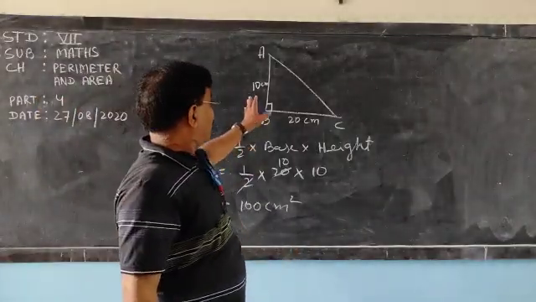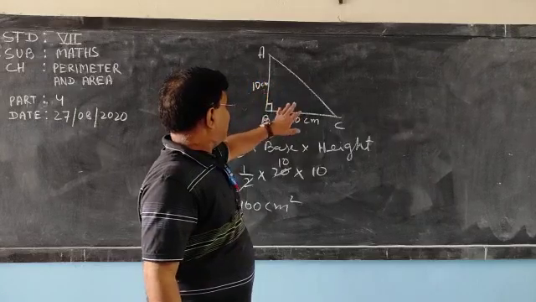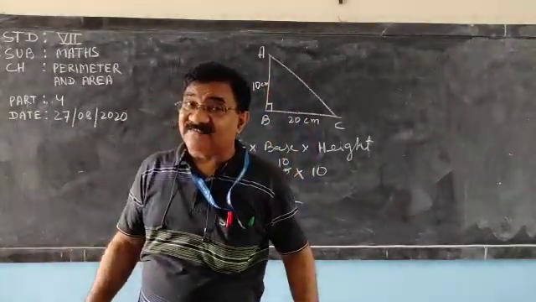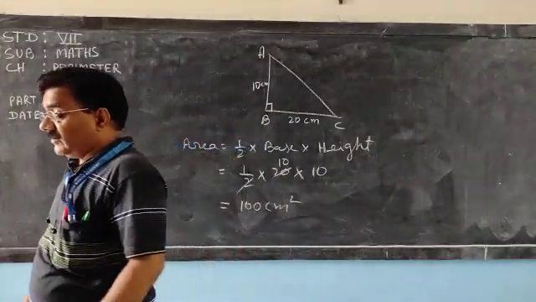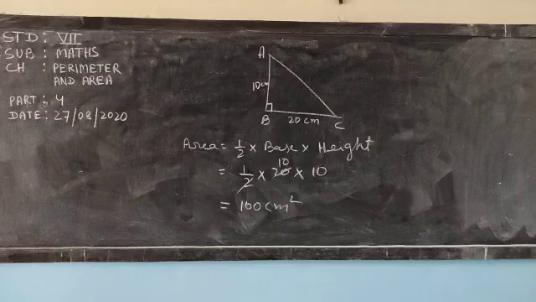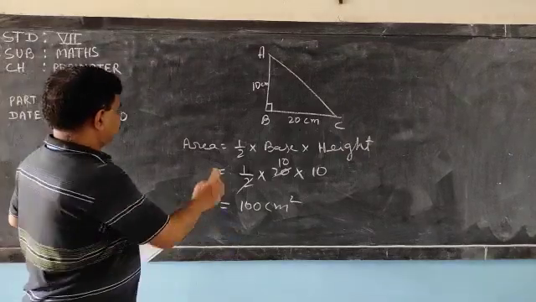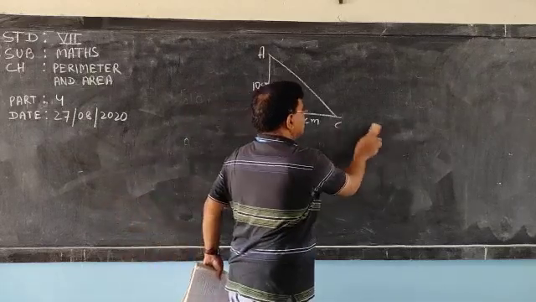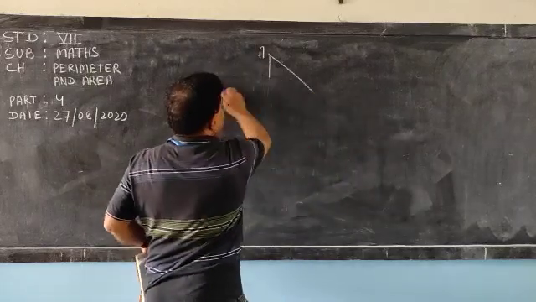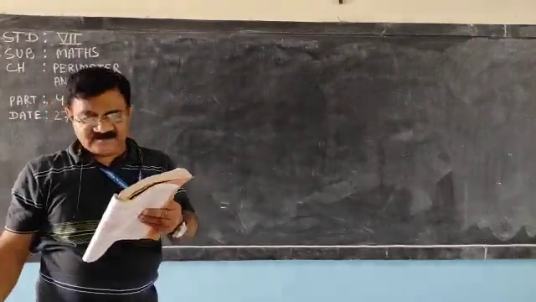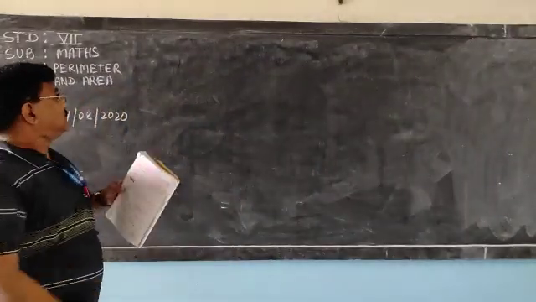But think, the base is given, the perpendicular is not given, and the hypotenuse is given. Then how will you find it? Let us see question number 7.2, Exercise 1C.